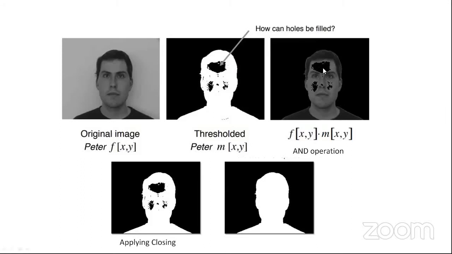Here you will see the black noise is also there, but after performing a closing, you will get this type of result, and then you can take an AND operation, and this is where you segment the picture.